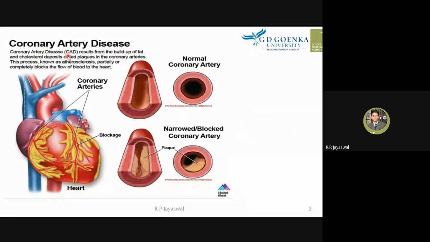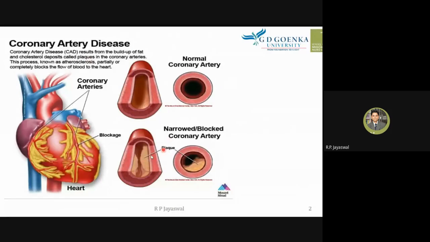Coronary artery disease results from the buildup of fat and cholesterol. When fat and cholesterol deposits build up inside the coronary artery wall, we call those fat and cholesterol deposits a plaque.